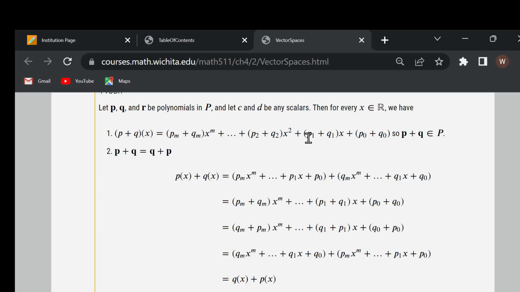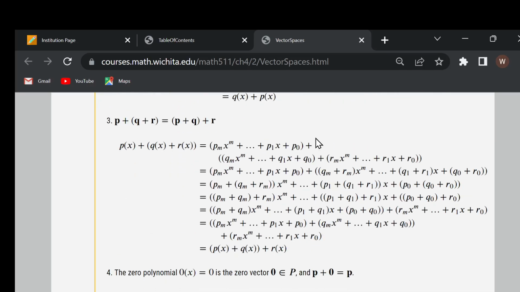And we use lowercase q of x for polynomial bold q, and we use its coefficients q naught to q m. Try to make it a little easier. But you see that the proof that vector addition of polynomials is commutative is not that bad. We have some ellipses in there, some dot, dot, dots, in order to not have to write everything down. But, right, because m could be 5,280.